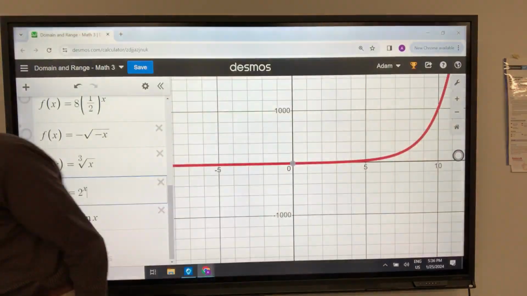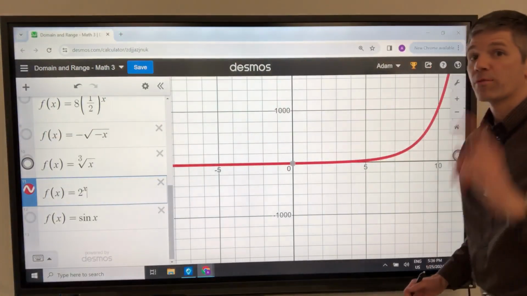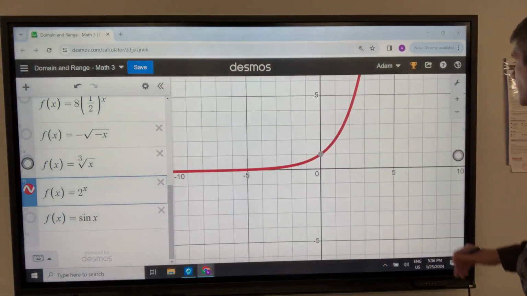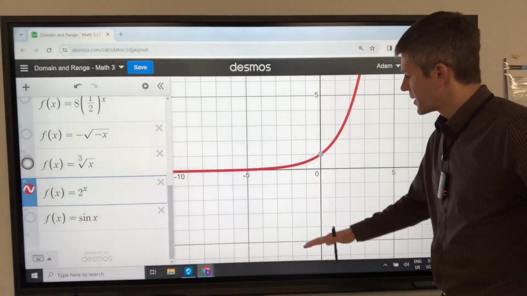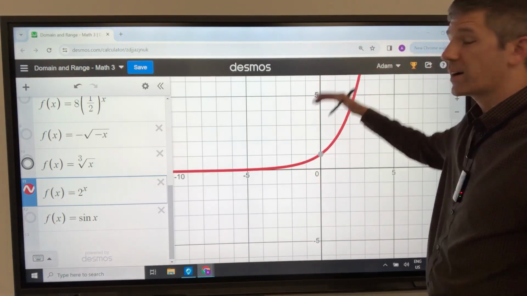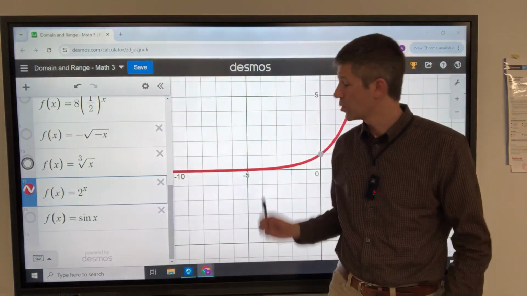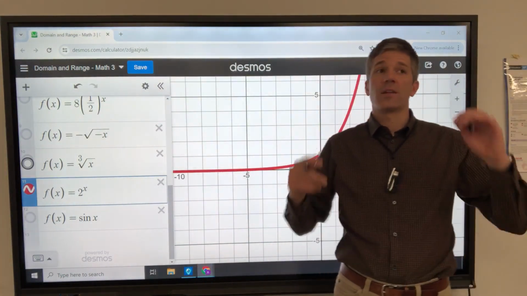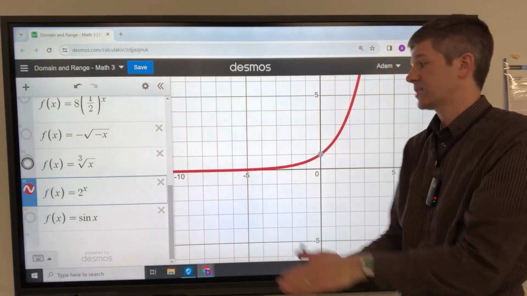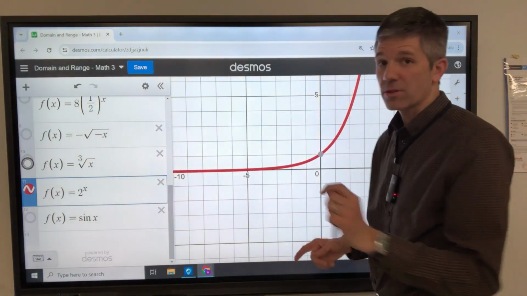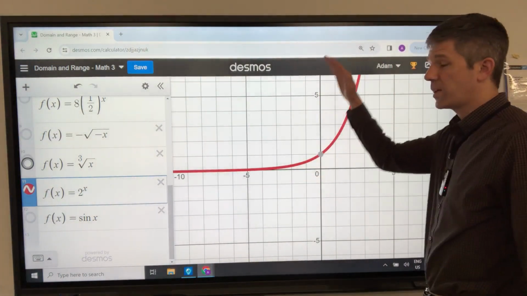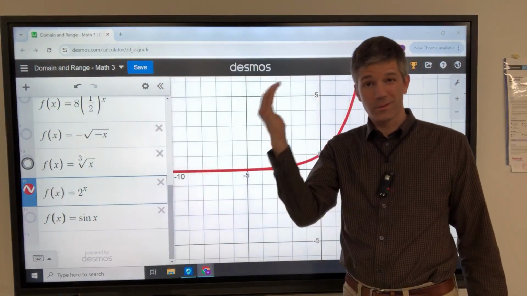The range, on the other hand, based on what I have right now, having taken out that -4: no negatives for my range, but it would be from 0 to infinity. And no matter what you plug in, you will never ever touch the x-axis. The screen resolution will probably not represent that, but it will never touch the x-axis. Not going to happen. So the answer, having modified it, is from 0 to infinity, but not including 0, parenthesis here.